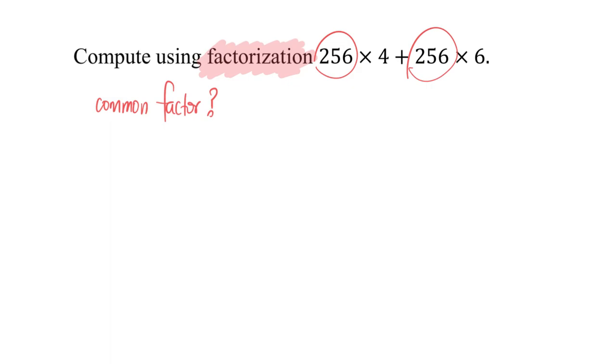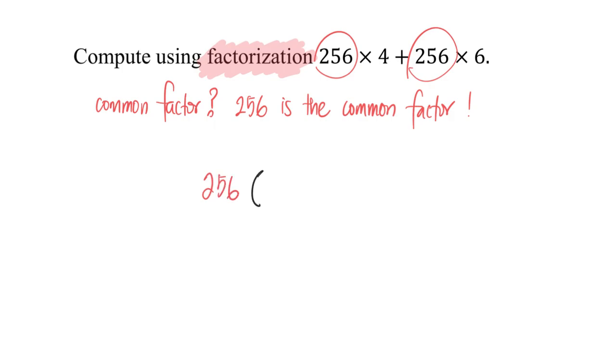Both are multiplying by 256. So actually in this case, 256 is the common factor. So I'm going to take out 256 as the common factor. And I'm left with 4 plus 6.